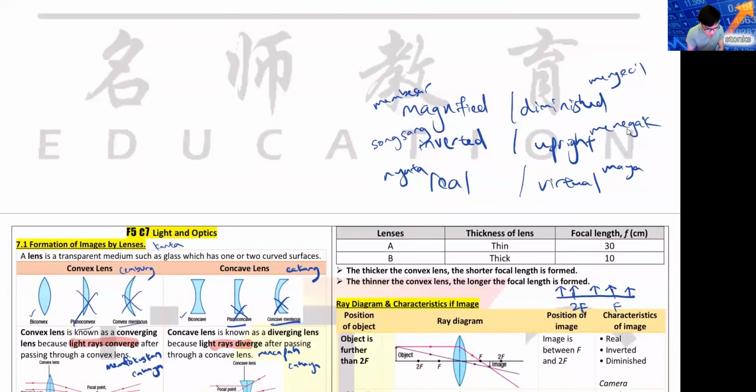Magnify, and then become smaller is diminished. Mengecil, diminished. Please do not use other words. I have students who use become smaller lah, zoom out lah, all kinds of words you can imagine. No, magnify and diminish are the only two accepted keywords. So please don't try to play it funny and give me some other words.